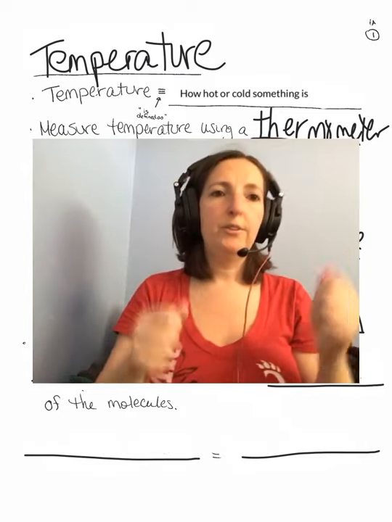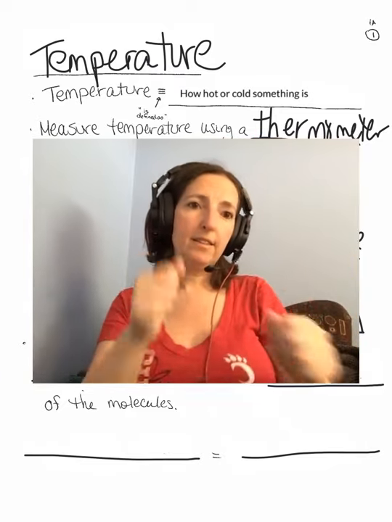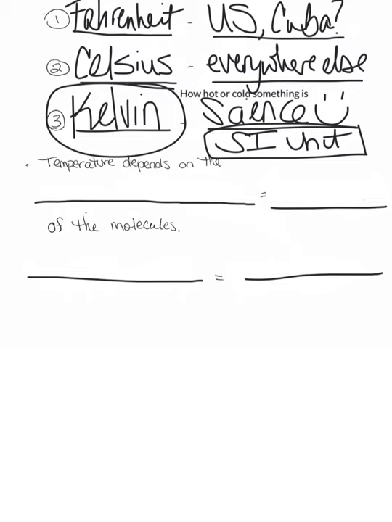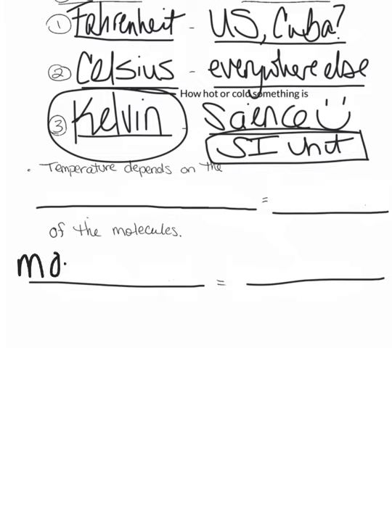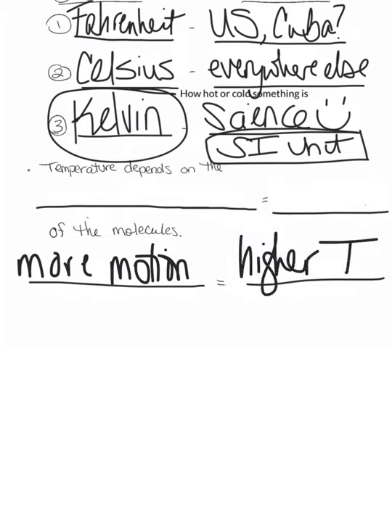Or you can cool it down, and that's less. So we just said that the temperature depends on the motion, and if you have more motion, then that means it's a higher temperature.